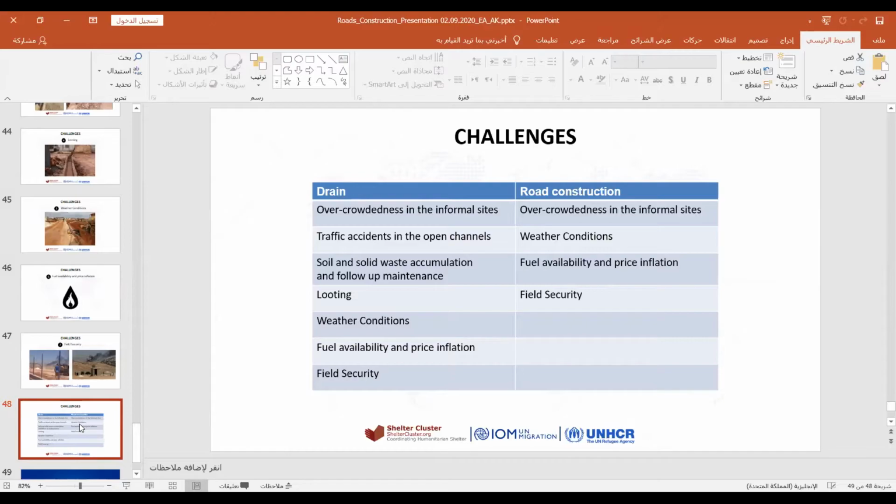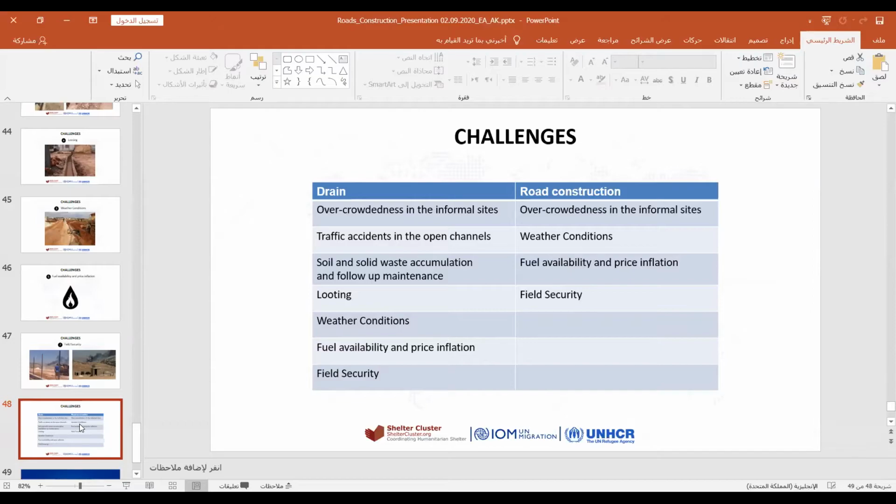Price inflation may not be only applicable to fuel, but to other materials as well. And in addition, field security. But regarding drainage, we have 7 challenges that we face.